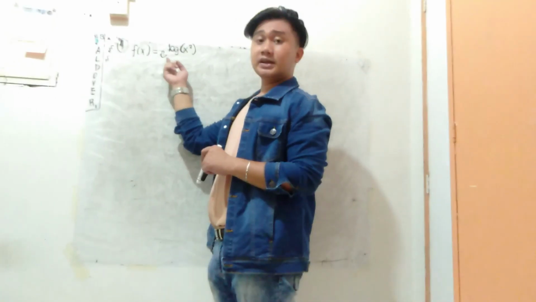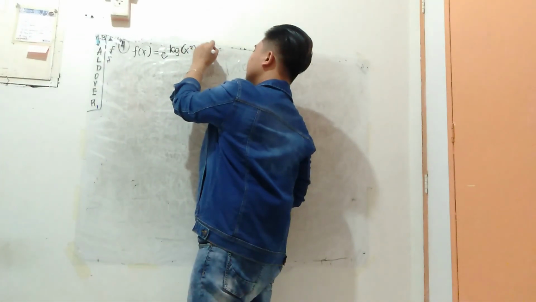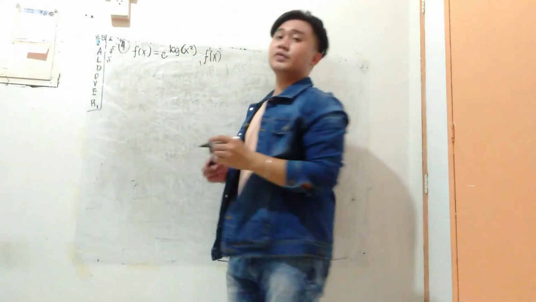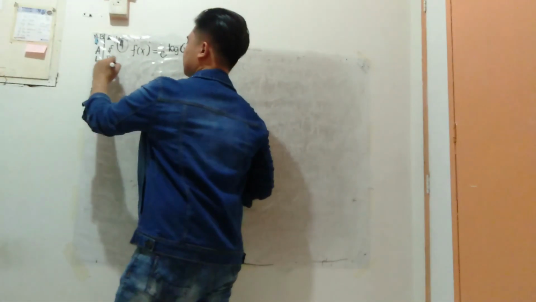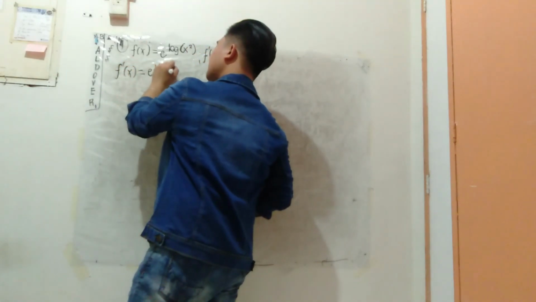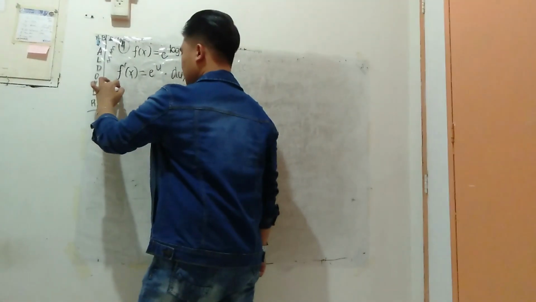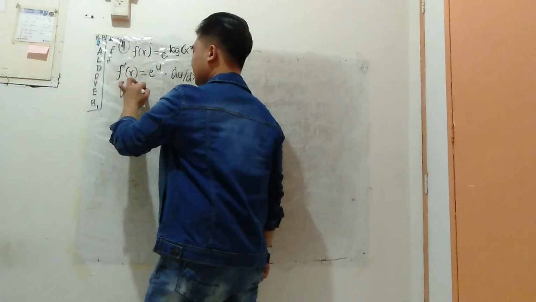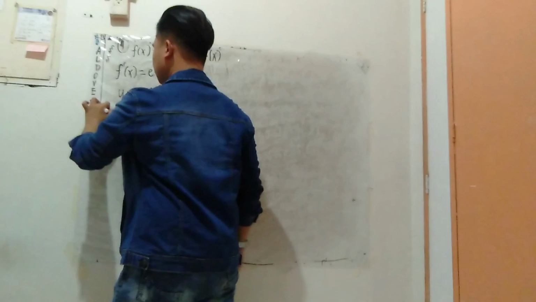Fourth example, if function of x is e raised to log of x squared, find f prime of x, or the first derivative. Okay? So, di ba? F prime of x is equals to e raised to u times du dx. Yun lang naman ang gagawin, di ba? So, u is equals to log of x squared. Derivative ko to.